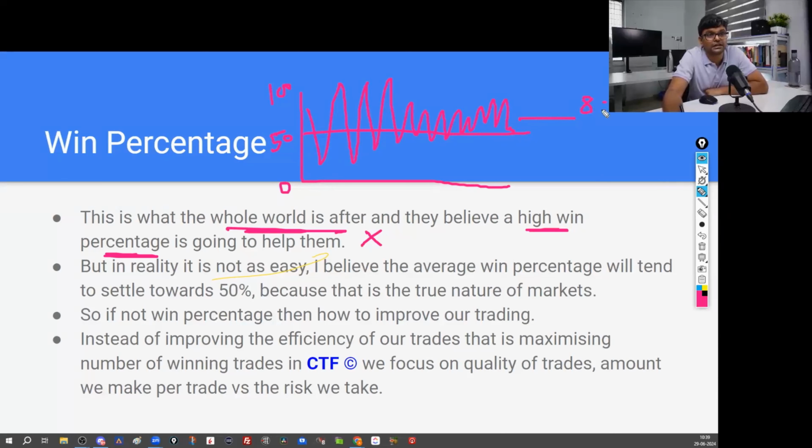It cannot be 80% consistently, very difficult, unless you are doing high frequency trading. Or consistently lower, maybe it will be around 40% or it will be 60%, 57%, 43%, all numbers are very good. They are very good. All right. You don't need an 80%, 90% win ratio to be consistently profitable.